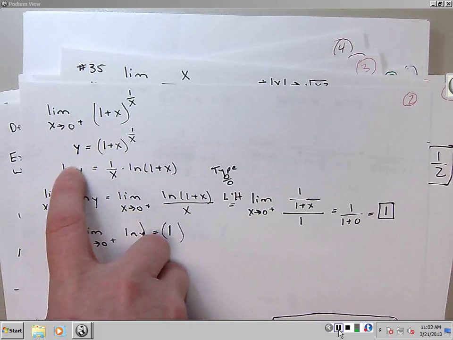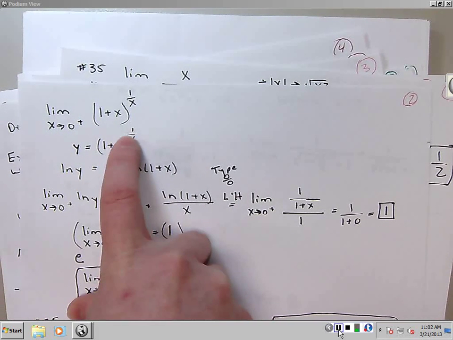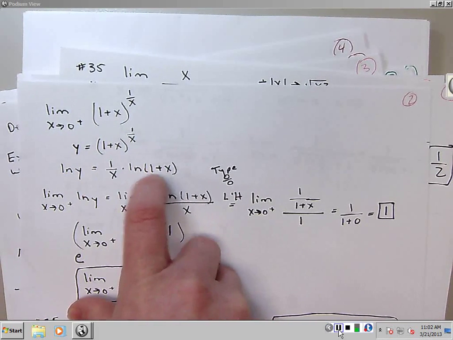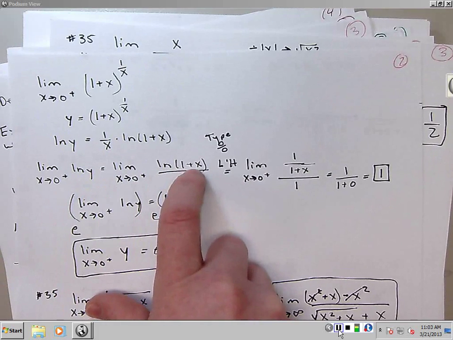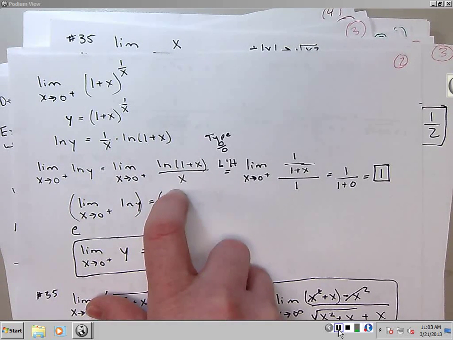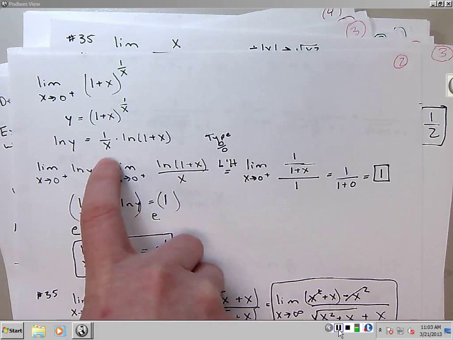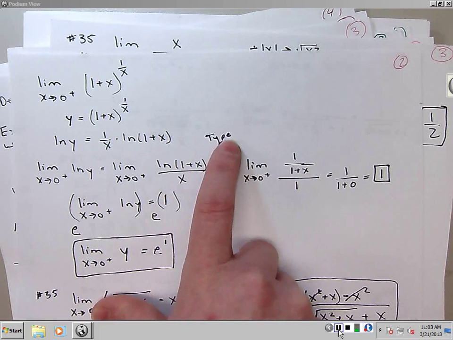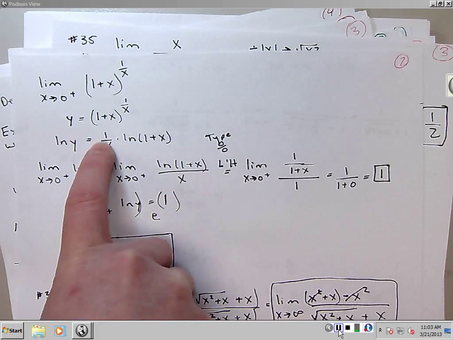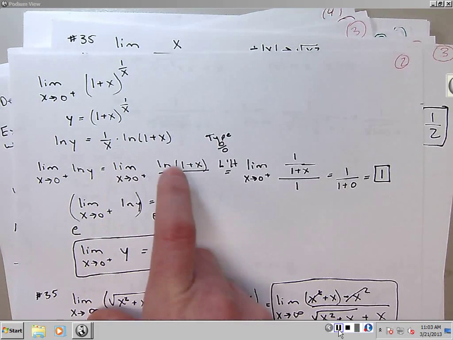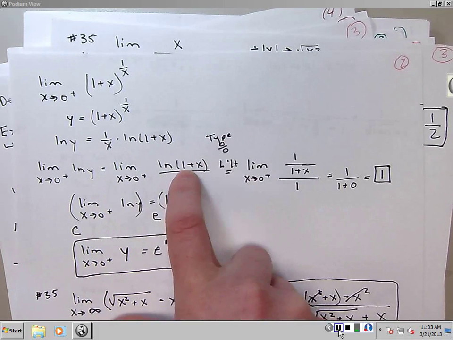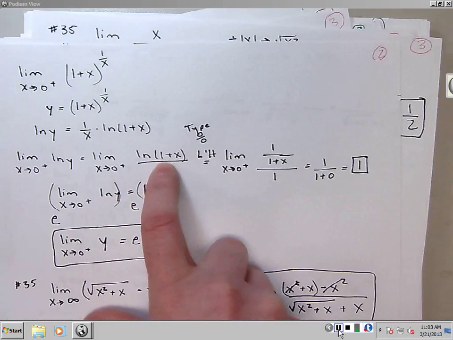If I take the natural log of y, I bring the exponent down, and I have the natural log of the function. So at this point, I have ln of my function over x. I don't have to manipulate it because it's already in the form 0 over 0. But if this was just x, I would have to bring it down to be x to the minus 1, right? Then I have 0 over 0.